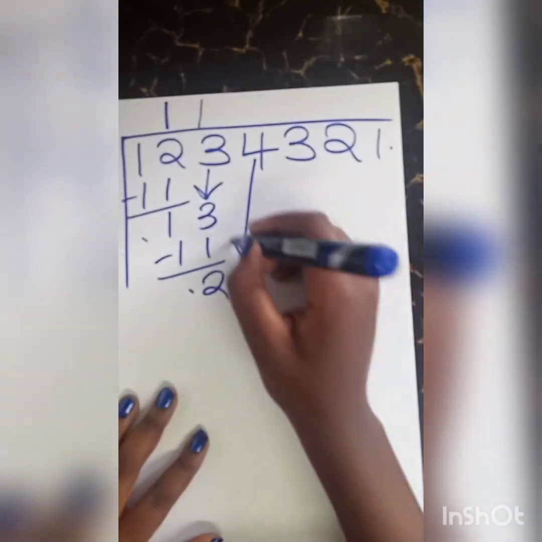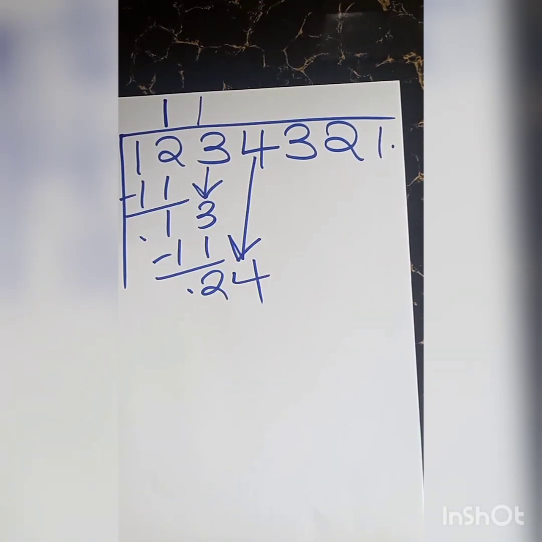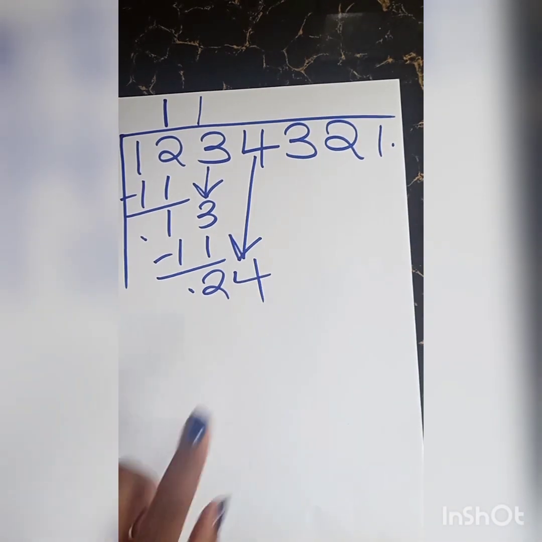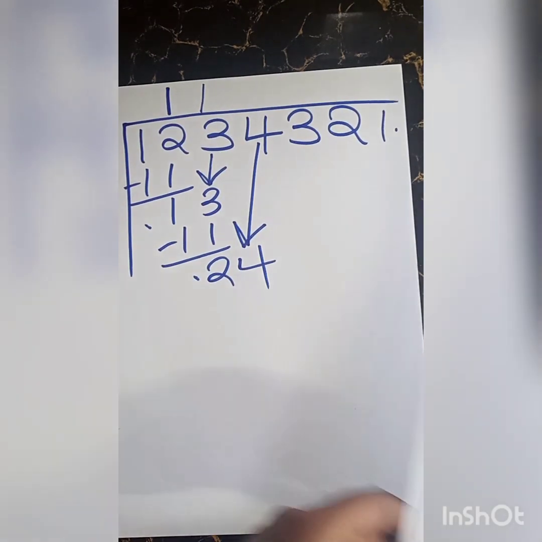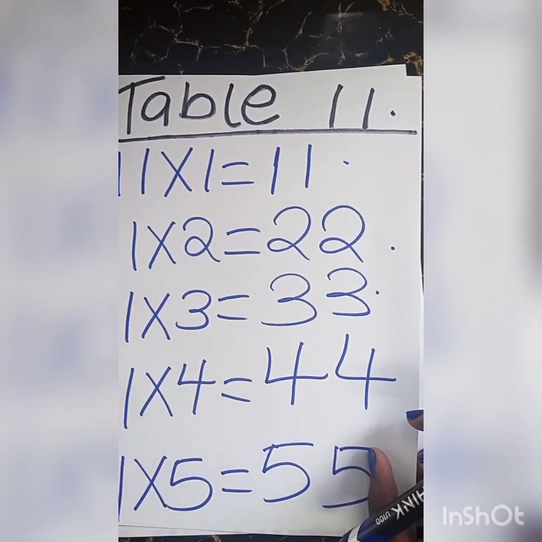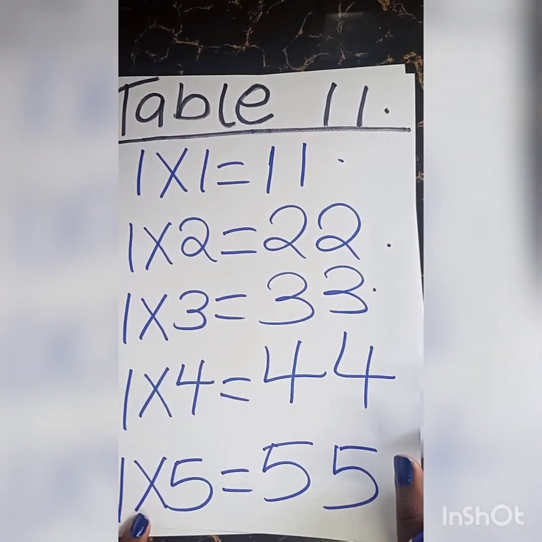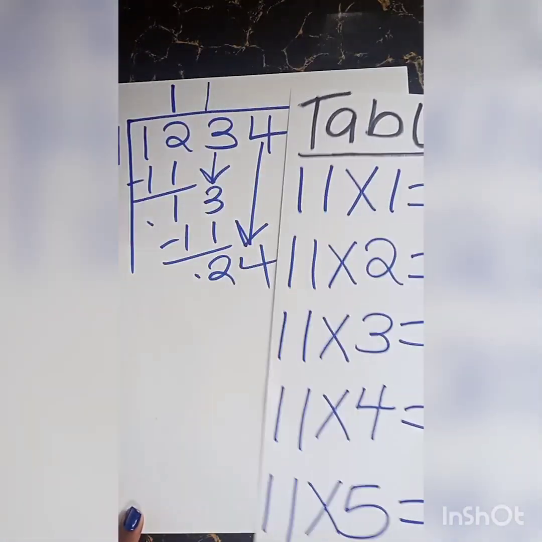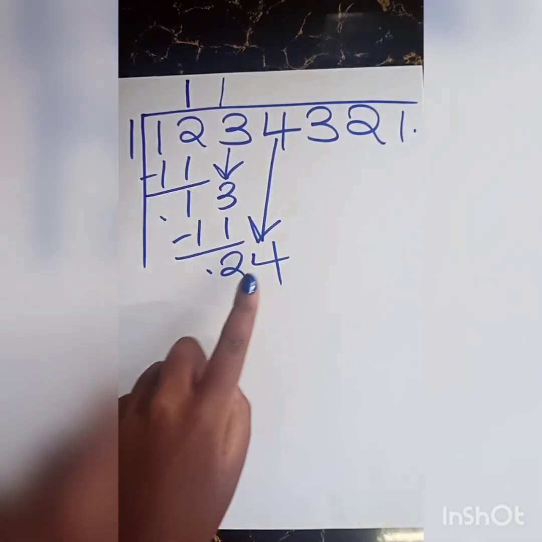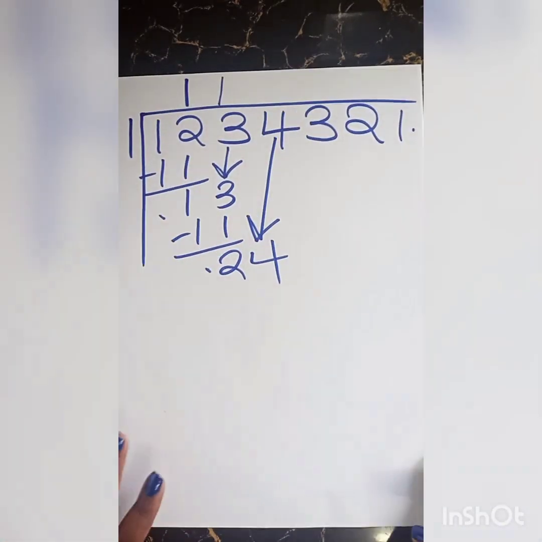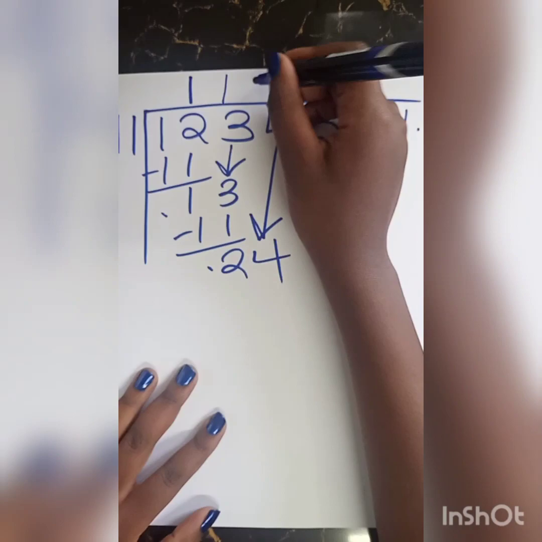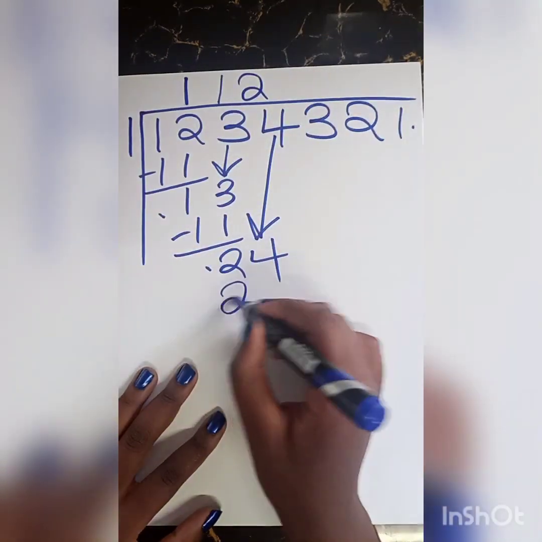So when you drop the 4, you have 24. So where does 24 lie in table 11? 24 is in between 22 and 33. So that means that we'll write a 2 here because 22 is less than 24, and 2 times 11 is 22.